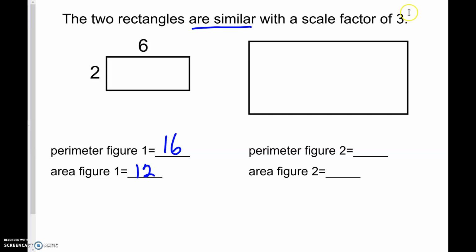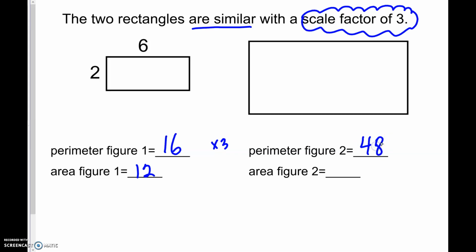Now, if we tell you that we have a scale factor of 3, can you just find the perimeter of figure 2 without even finding the lengths of any sides? Can you find the area of figure 2? And most kids at this point in time say, yes, you can. So we can just multiply by 3, and 16 times 3 is 48.